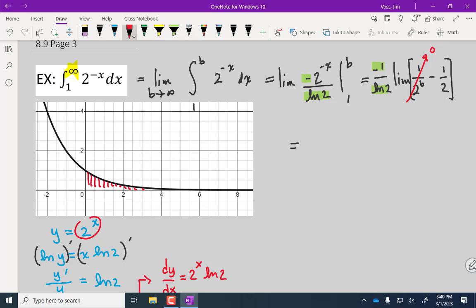Everyone agree with that? So it's like 1/10, 100th, 1,000th, 1,000,000th, right? Those are going to 0. So we end up with negative 1 divided by natural log of 2 multiplied by negative 1/2. So our final answer is 1 over 2 natural log of 2.